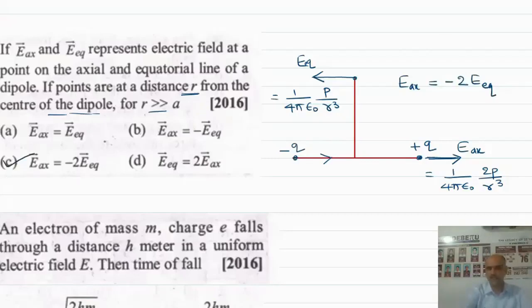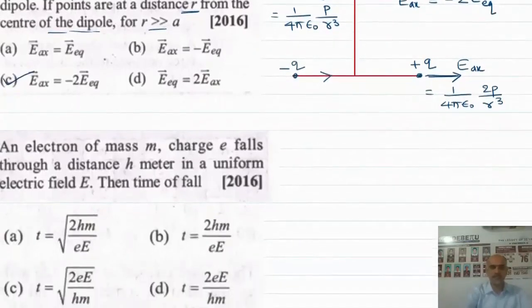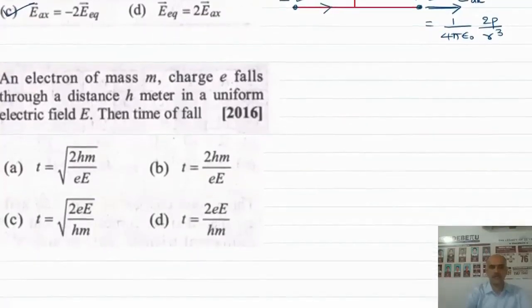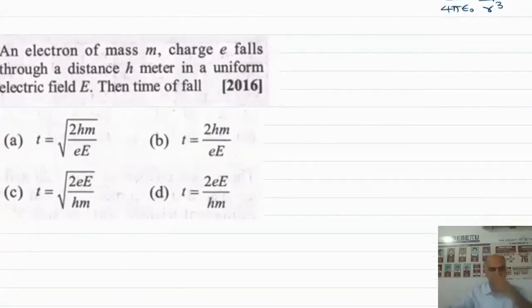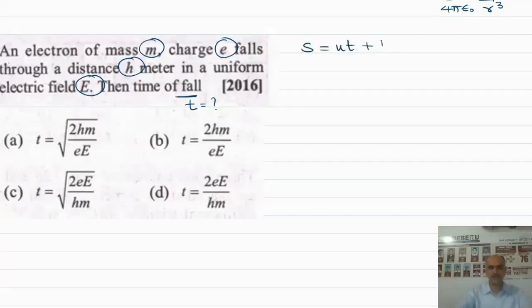Clear? Next, an electron of mass m, charge e, falls through a distance h meter in a uniform electric field E. We need to find the time of fall, t. We use the equation of motion of a straight line, s is equal to ut plus half at square. The height is given, and the initial velocity is 0, so h is equal to half at square.